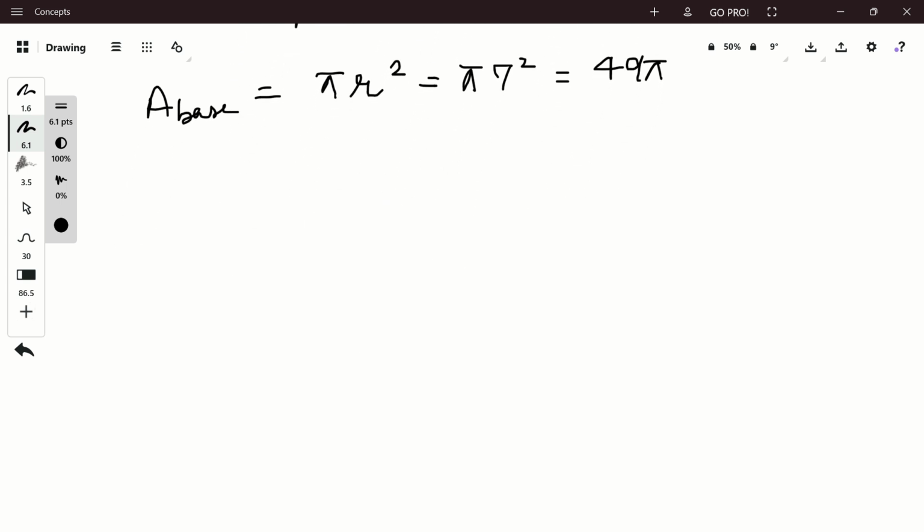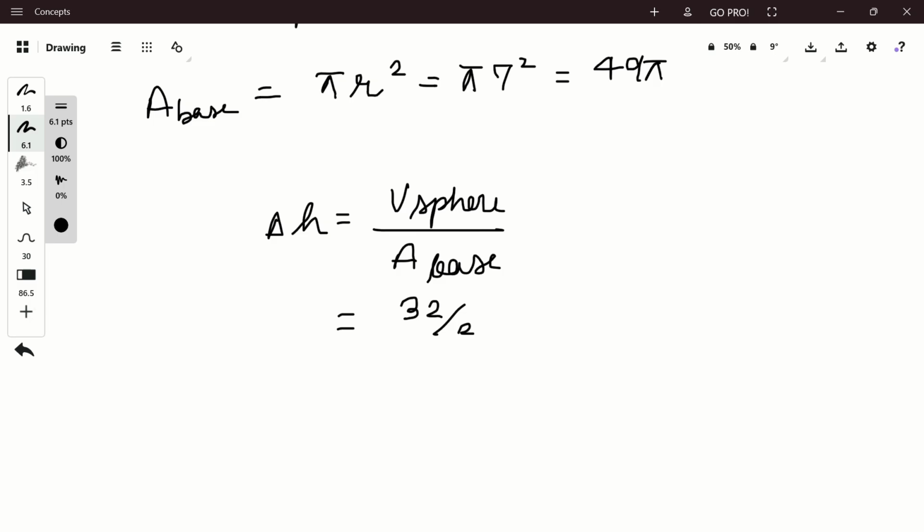Rearranging the equation to solve for del H, that is del H is equal to volume of sphere upon A base, that is 32 by 3 pi upon 49 pi, which is equal to 32 by 147 meter.